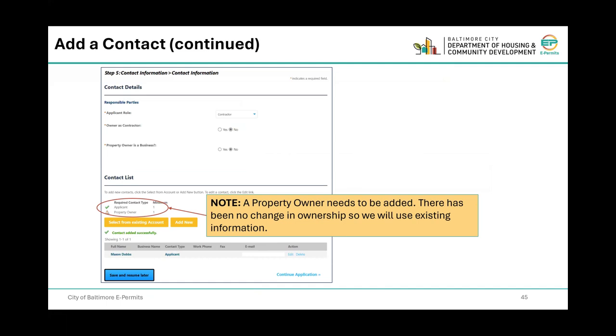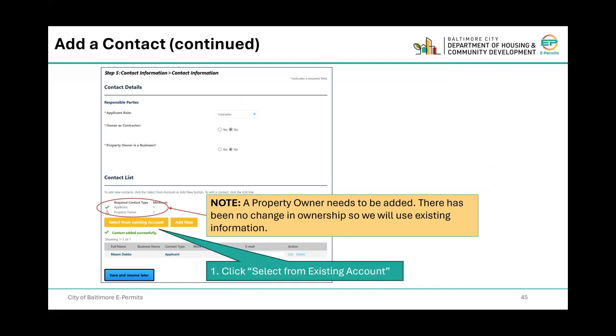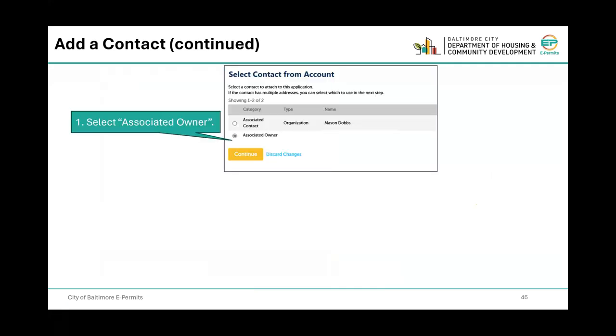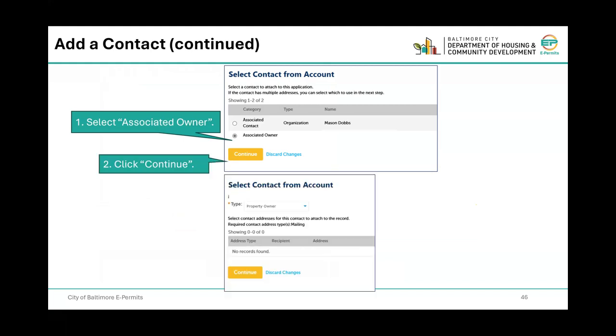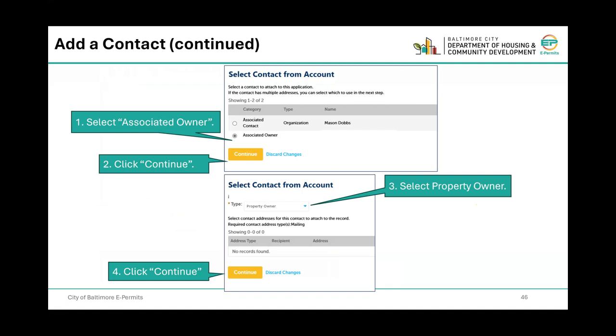There has been no change in ownership, so we will use existing information. Click select from existing account. Select associated owner. Click continue. Select the property owner. Click continue.